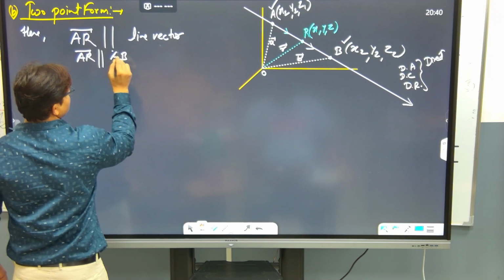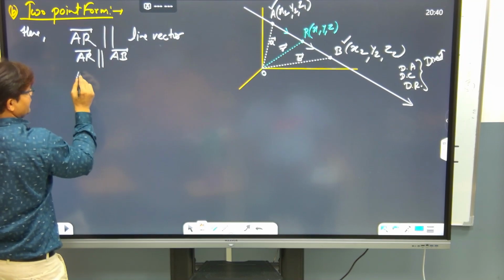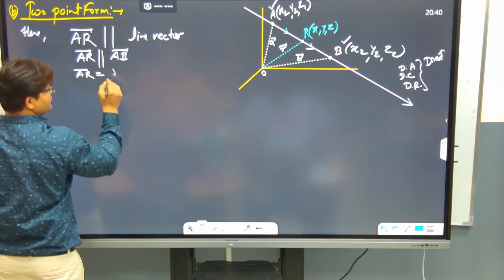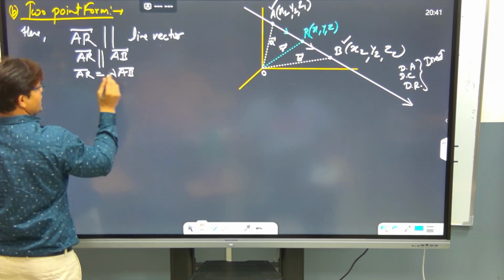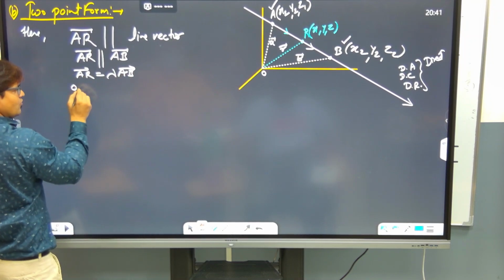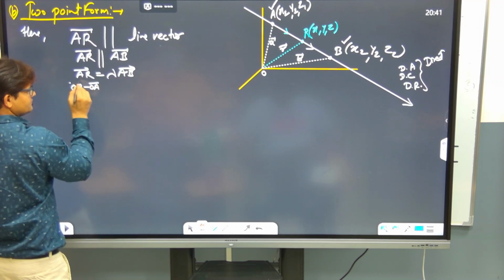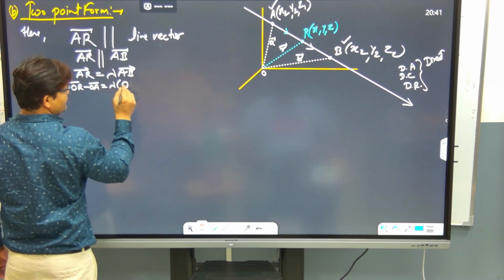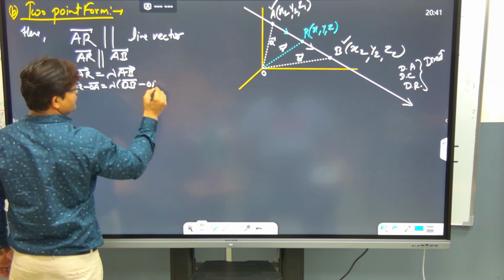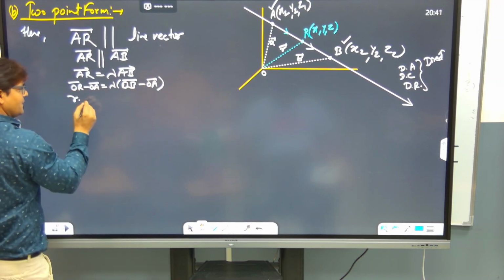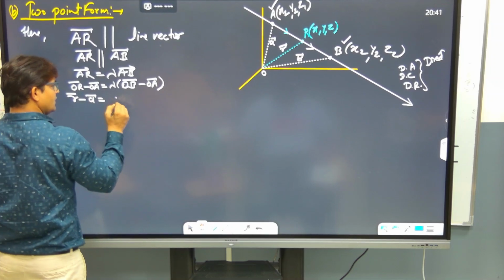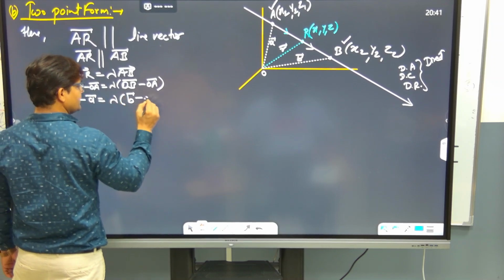AR vector is parallel to AB vector. If two vectors are parallel, then one vector can be expressed in terms of the other. By definition, vector AR is OR minus OA, and lambda times AB vector is OB minus OA, position of final minus initial. So r minus a vector equals lambda of b minus a vector.